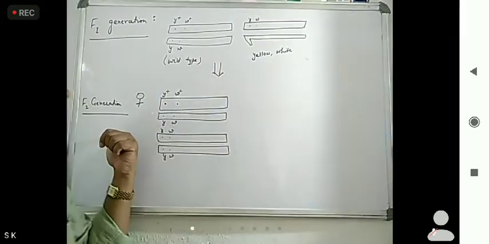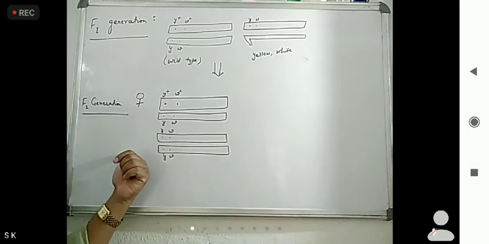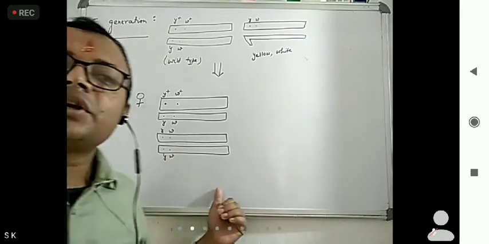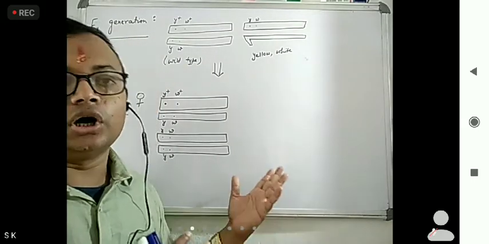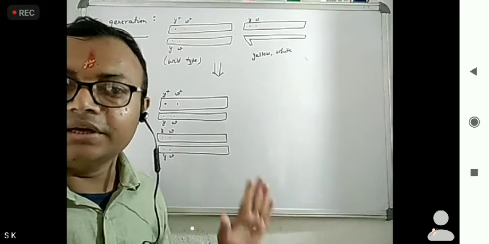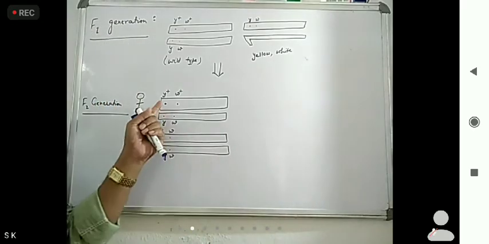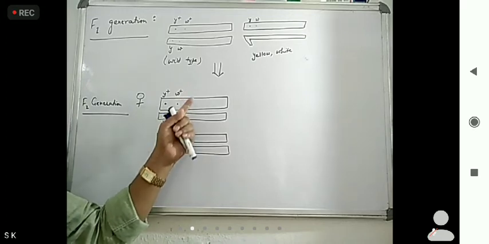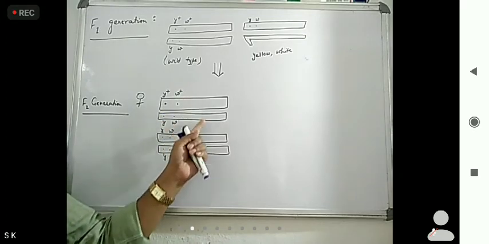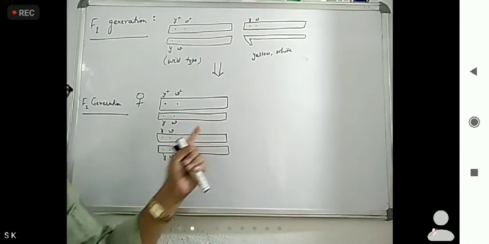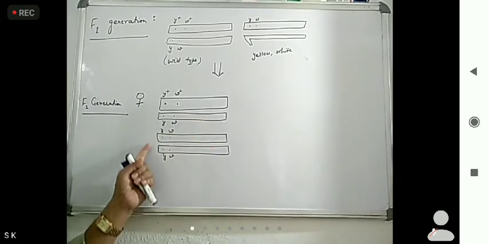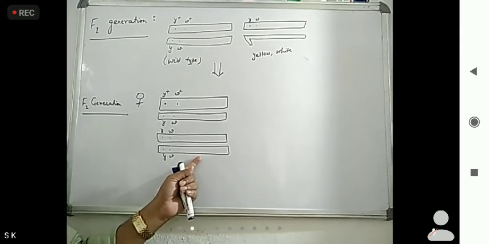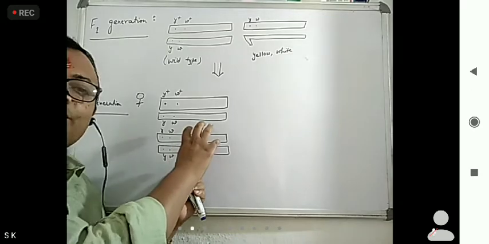In the F2 generation, four types of female and four types of male were there, and this F2 generation shows the result of the strength of linkage in cross A. Here this one was Y plus W plus, one female YW. This was one type of male. Another YW, similarly their homologous chromosome YW. This was another type of offspring.